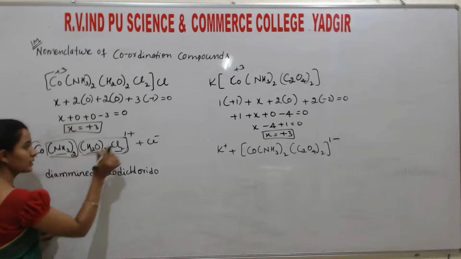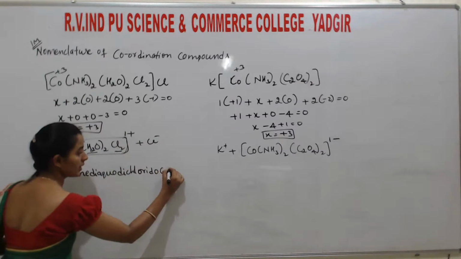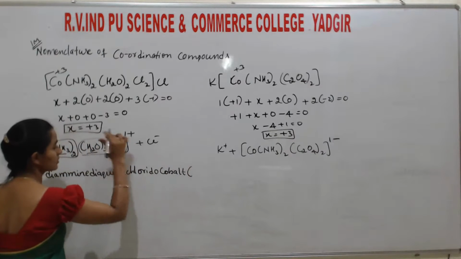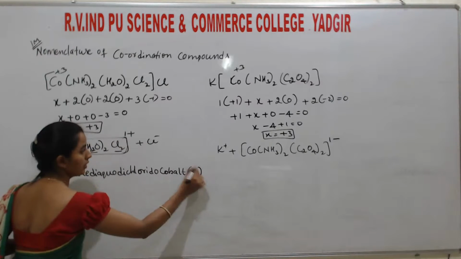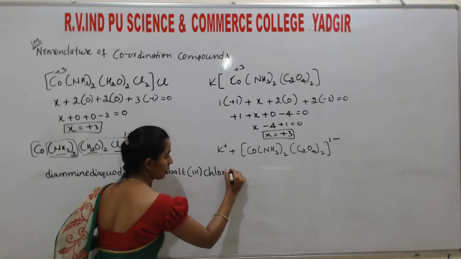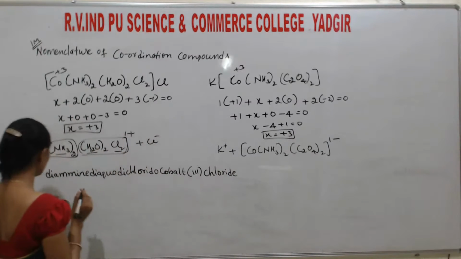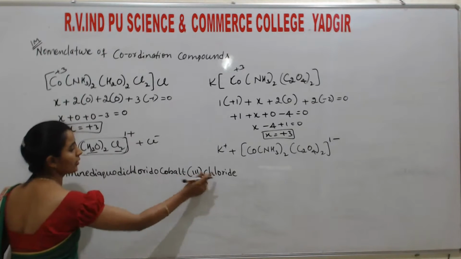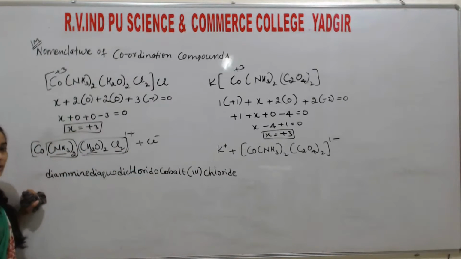Then followed by this cationic species, means as it is cobalt, oxidation state is 3 and the counter ion is chloride. So this is diamine, diaqua, dichloride, cobalt 3 chloride is the name of this complex.